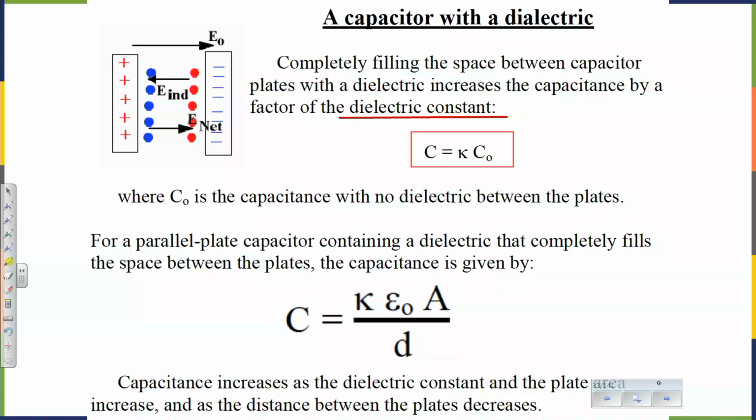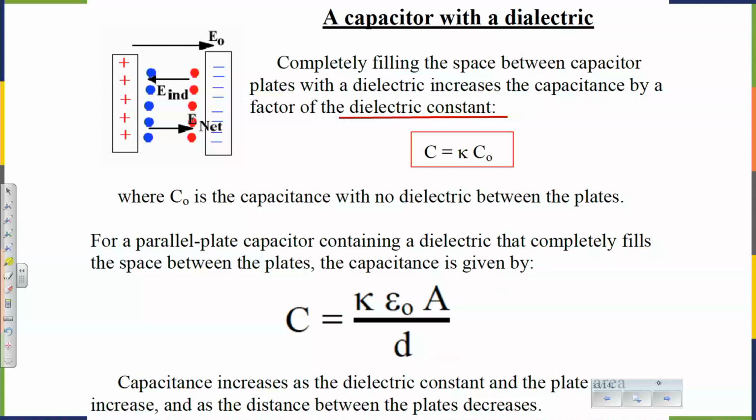But this dielectric will be polarized. Remember an example with a bat and a wood? And that polarization actually decreases the total electric field inside. So we can put more charges on it to get exactly the same original potential difference.